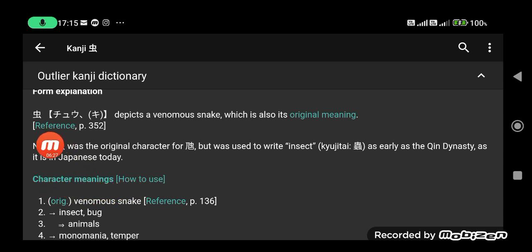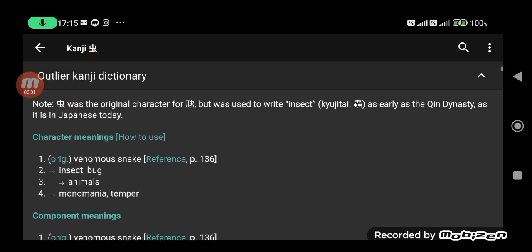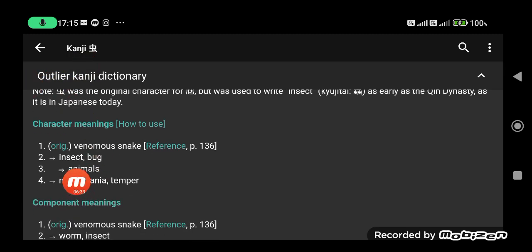But when adapted to Japan in modern days, this is now the subject kanji. So original meaning: venomous snake. Primary meaning: insect, bug. Secondary derived meaning: animals.